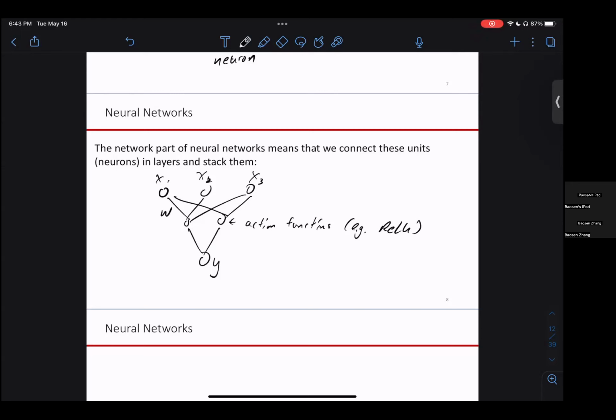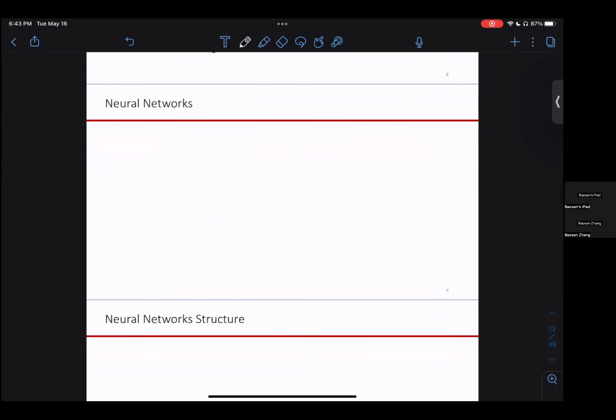So this y in general is a real number, because you're doing linear operations with real numbers. But to make it into a classifier is very easy. Think about classifying handwritten digits. This is basically how it works. You have an image with different inputs.